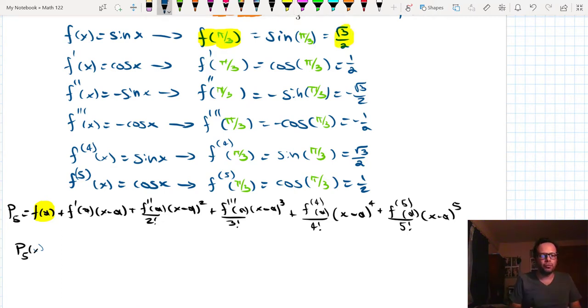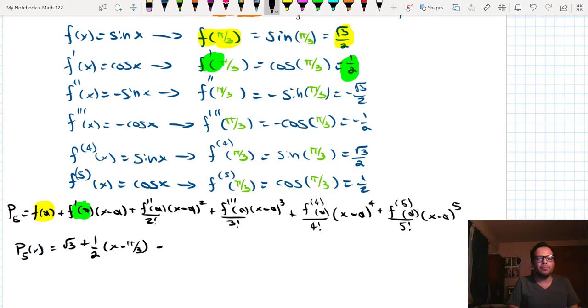This will be the square root of 3 plus the first derivative evaluated at a, which in this case is this guy right here, 1/2, times x minus a, which in this case is pi over 3, plus the second derivative evaluated at the same value of a, which is pi over 3.